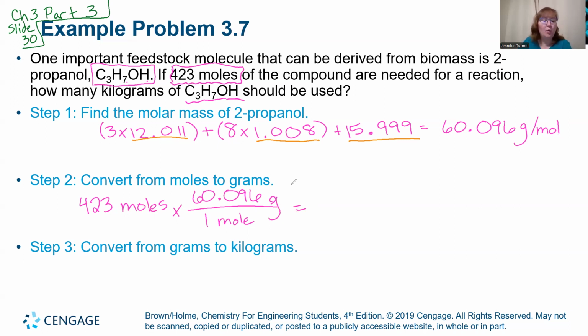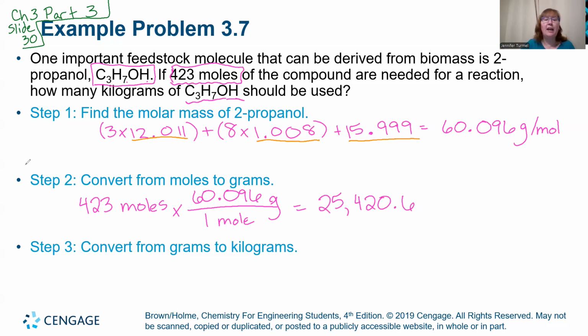Okay. So now for our grams here, it says 3 significant figures. So usually what I do is, here, I'll show you. Okay, so we have 25,420.6 is the answer that we get here.